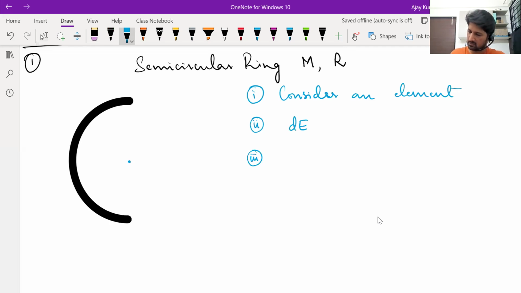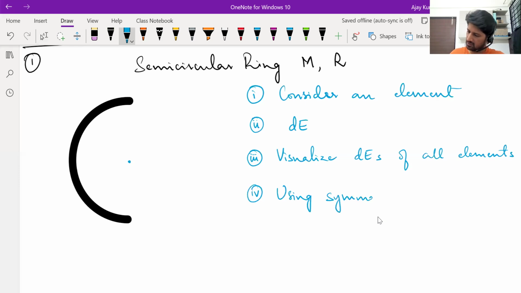Next, visualize fields of all elements. Using symmetry, if any. If there is symmetry in the field distribution, using symmetry, determine the direction of net field.